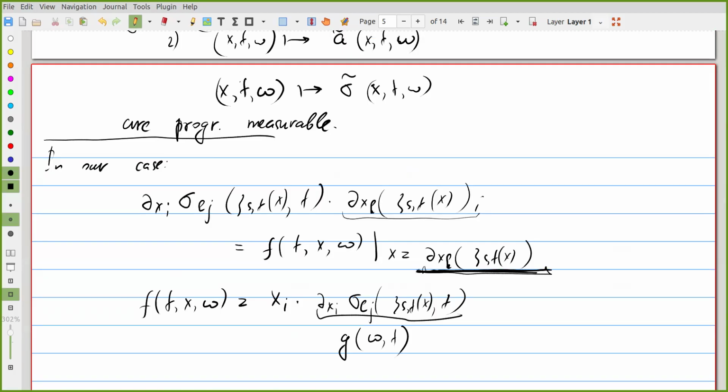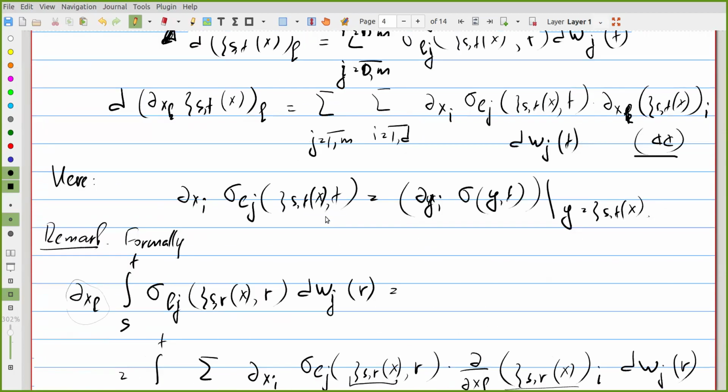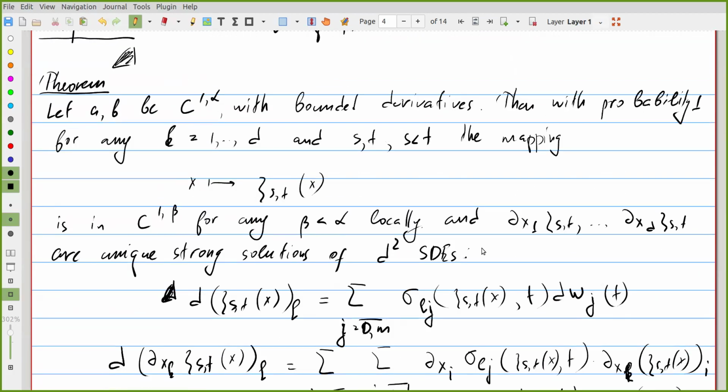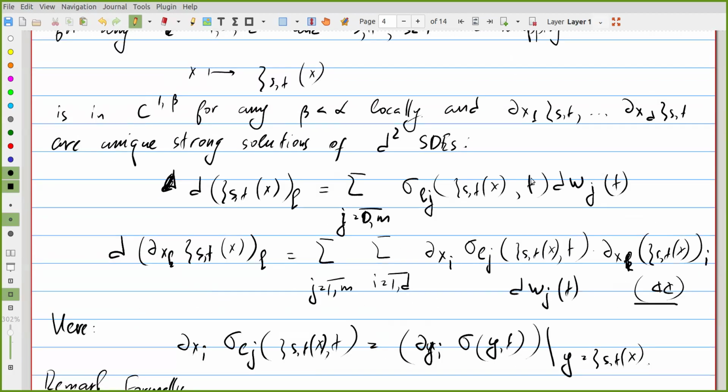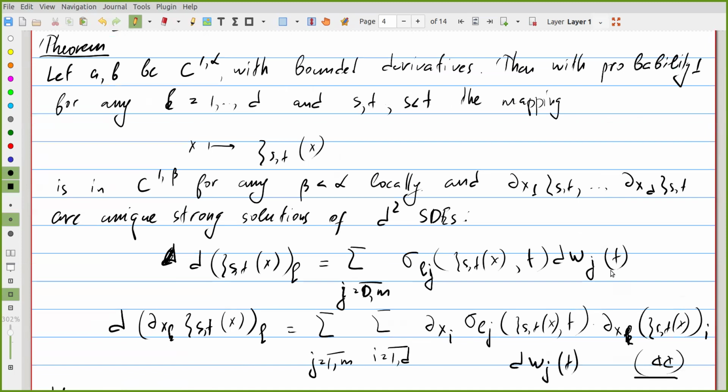This is the solution. We are solving this equation with respect to this process. It doesn't appear here directly. So this covers our situation, and we can conclude that this system indeed has a unique strong solution. So we need to show two things. We need to show that these derivatives exist, that they are good in this sense.